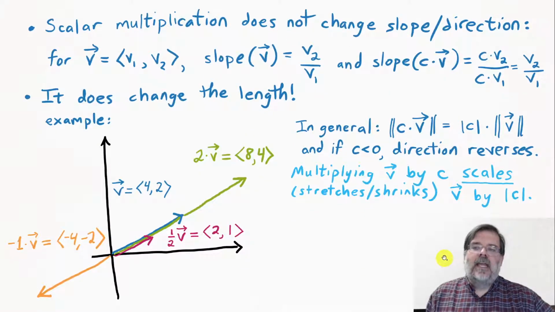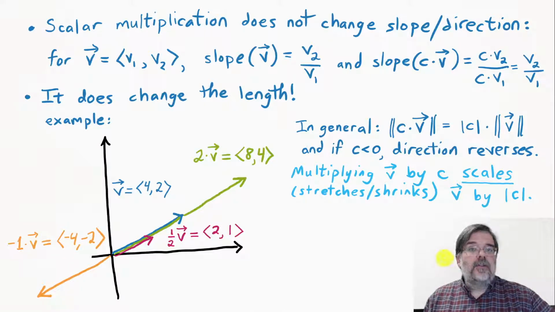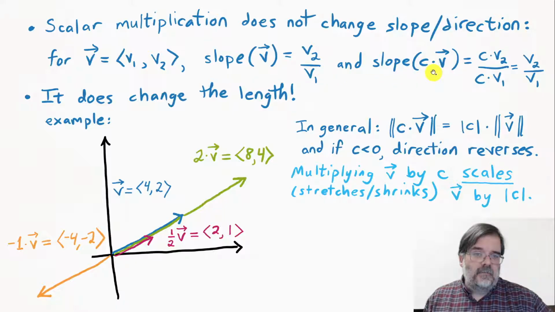Now, scalar multiplication does not change the slope or the direction of a vector. Last time, we talked about the slope of a vector v. If the vector v has components v1 and v2, we defined the slope of v to be v2 divided by v1, or you might have heard of rise over run from an earlier algebra class. Now, that's the slope of the vector v. What's the slope of the vector c times v?